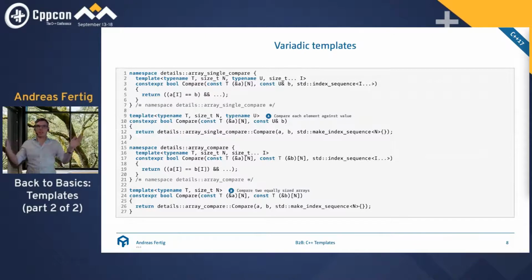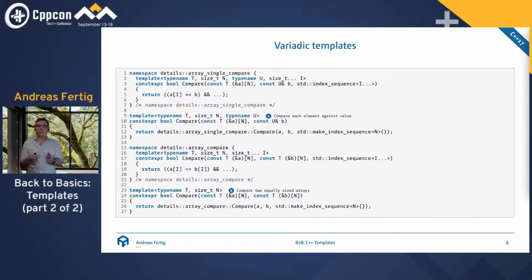So that thing gets expanded because we are looking once more at a template. And the cool thing here is now I can refer to my parameter pack's elements I. In line number 19, I can now say I'd like to compare a at position I with b at position I for equality.